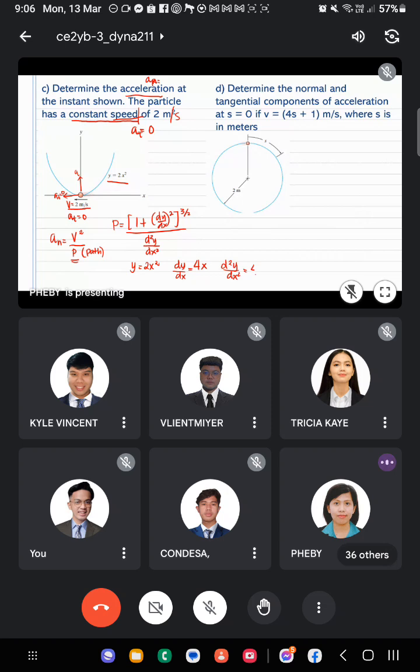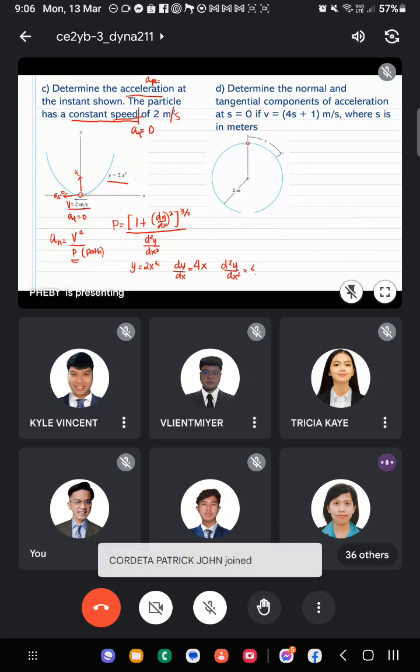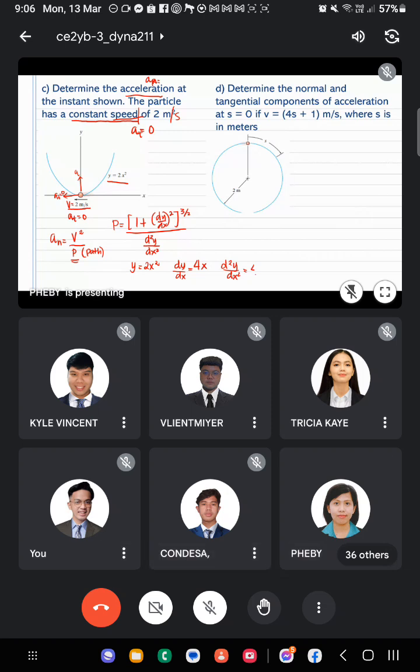Tama ba? Okay. So, therefore, dyan sa figure natin, class, nakikita nyo, yung location ng ating particle at that instant is along sa y axis. So, ibig sabihin, yung kanyang x is equals to 0. Okay?